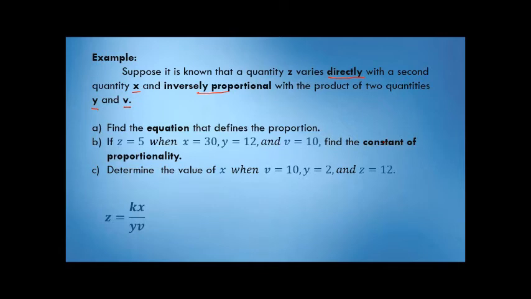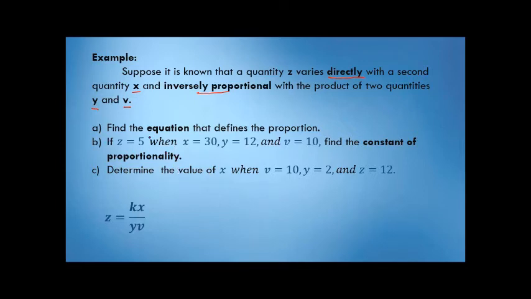Now, letter C, if alam na natin yung equation at yung constant of proportionality, determine the value of X when V is equals to 10, Y is equals to 2, and Z is equals to 12. Okay, so these are the answers for this problem.